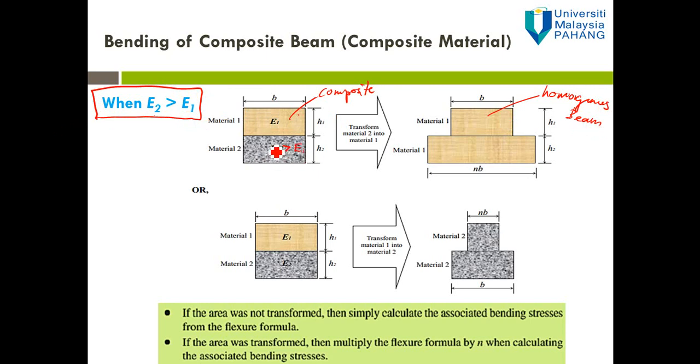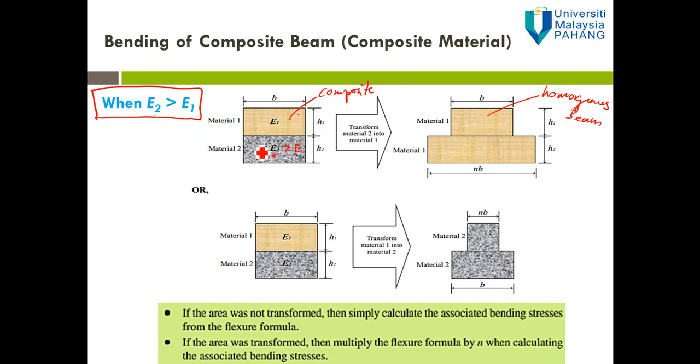So for the first case, we transform material 2 into material 1. Material 2 is stronger than material 1, stronger meaning the value of E is greater than the other.